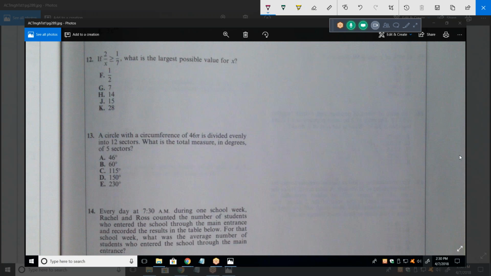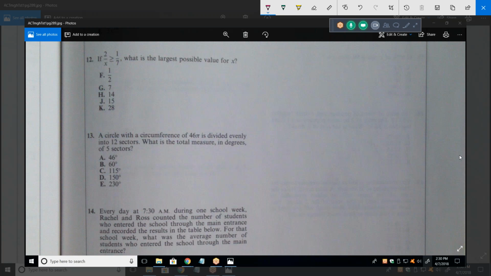All right, number 13. Sometimes ACT can get very tricky.